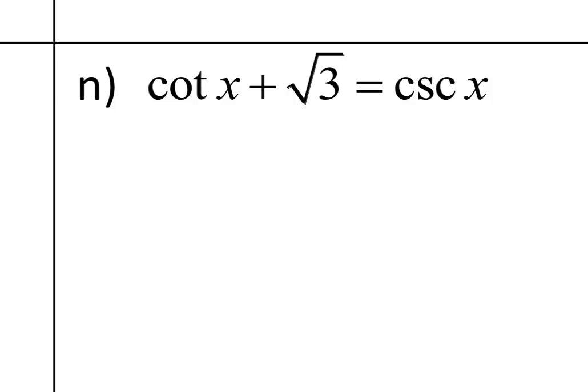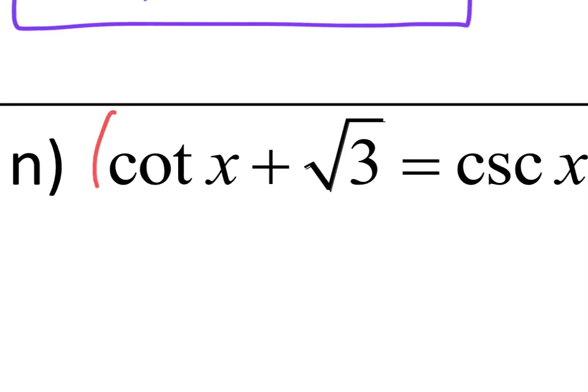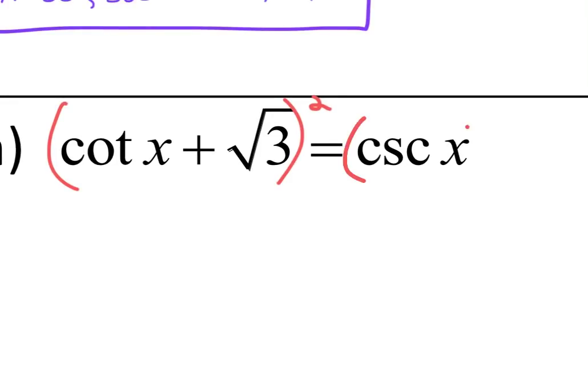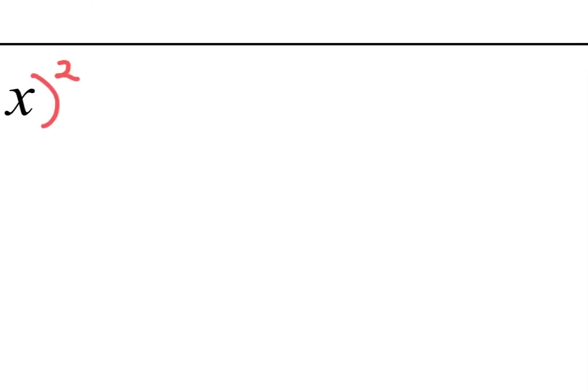But we can fix that situation by squaring both sides of the equation. So I'm going to square this side, and remember you have to FOIL that, and I'm going to square this side. So let me FOIL that off to the side here.